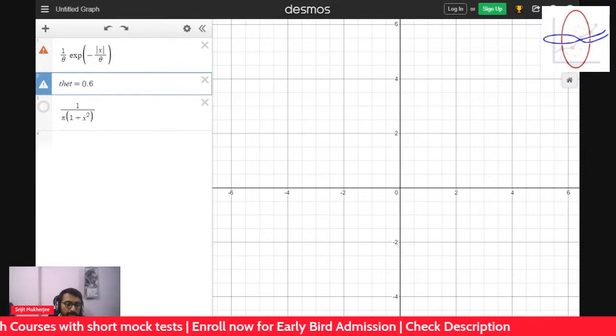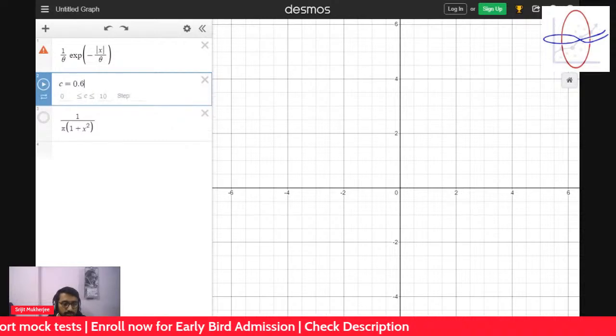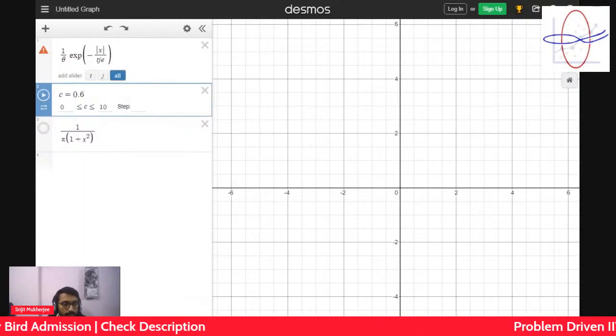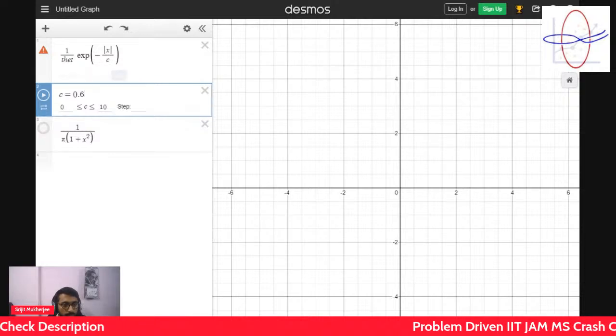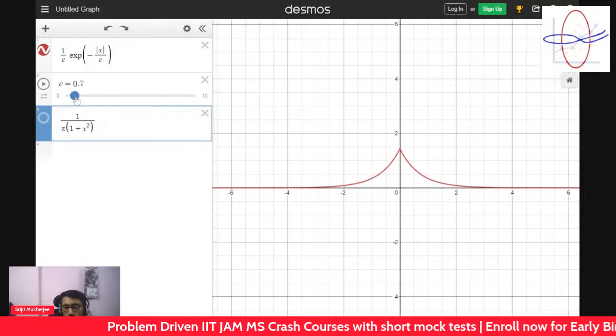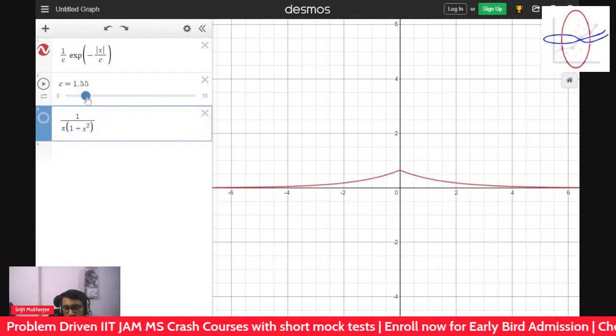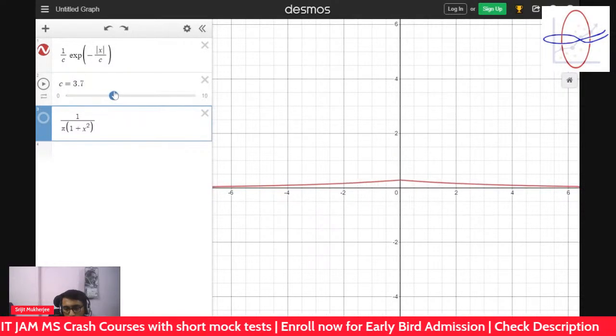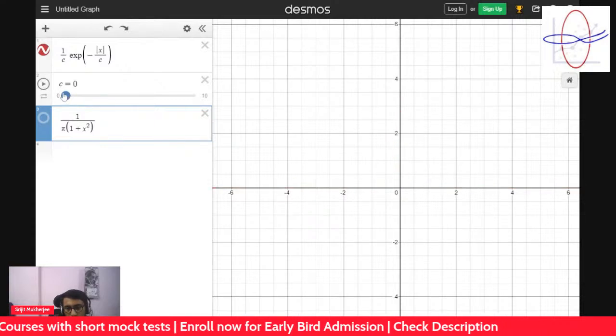Let's call it C only. So observe what is happening when C is increasing. Can someone tell me? What is happening when C is increasing?